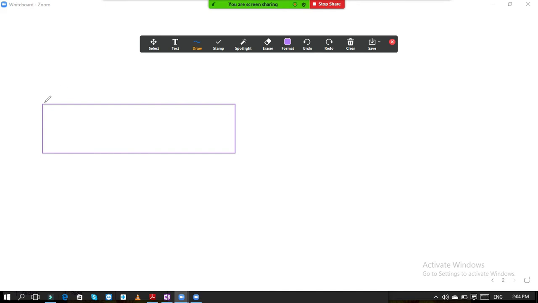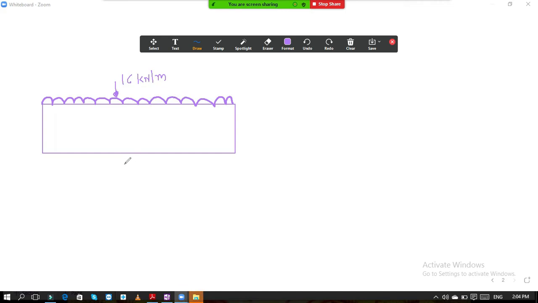On this beam, a load of 16 kilonewton per meter is acting.